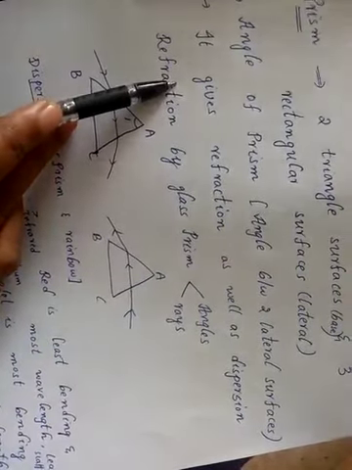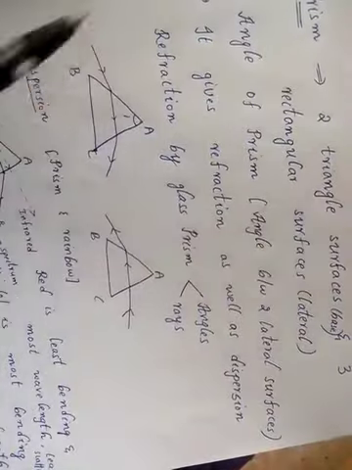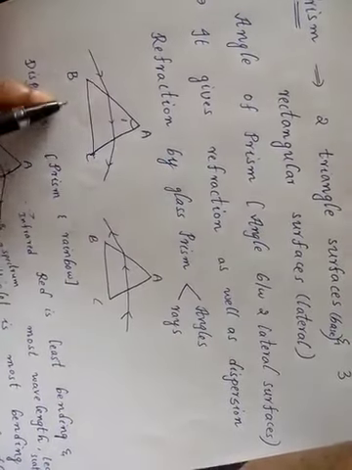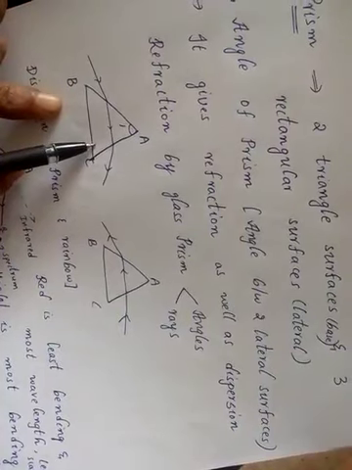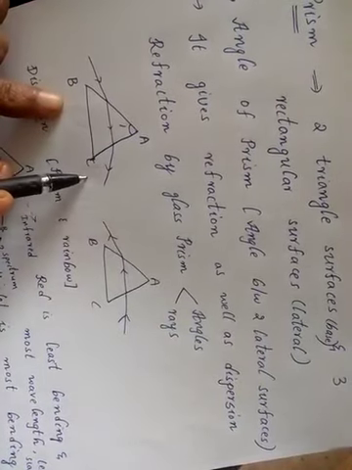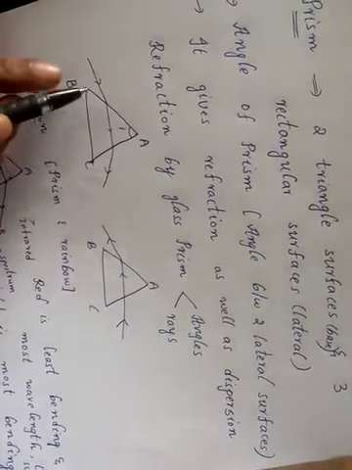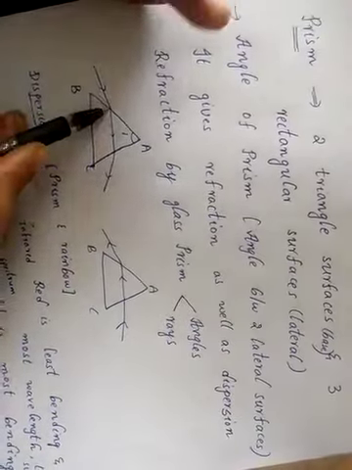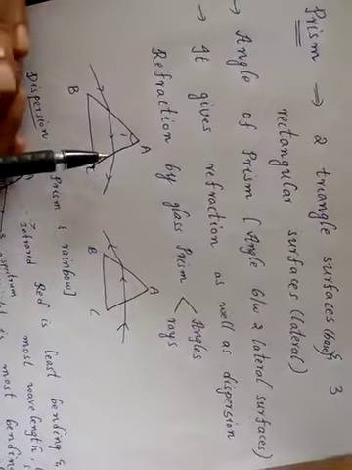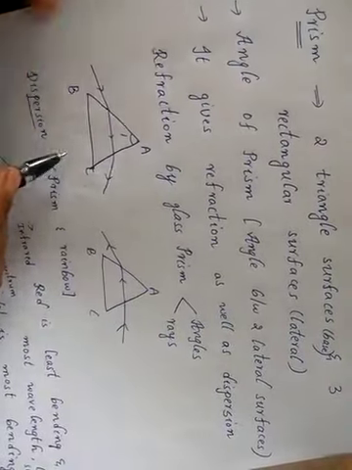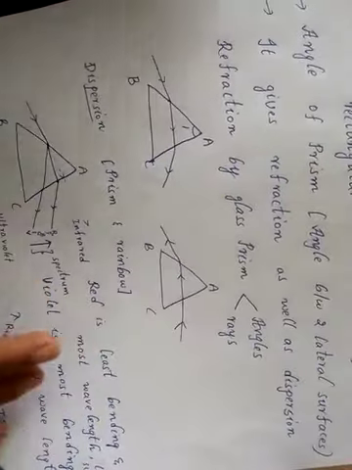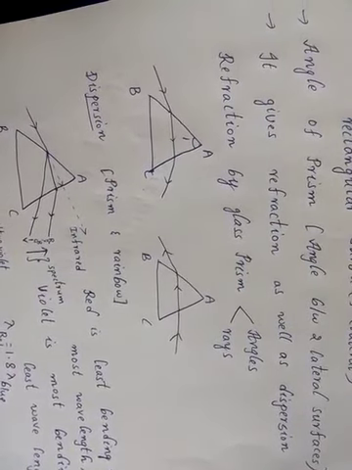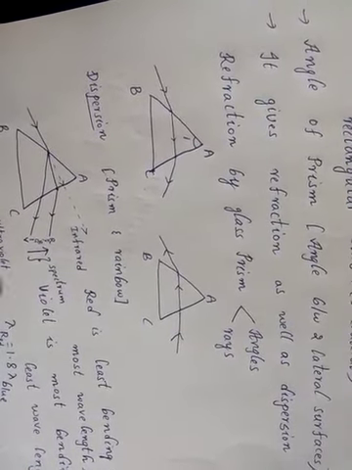In prism you have refraction as well as dispersion. Refraction means same like your glass slab, it is bending of light. The light always bends towards the base. Remember, whether the light is incident from left side or right side, refraction is towards base only. Next, dispersion means splitting of white light into its 7 constituent colors, VIBGYOR.